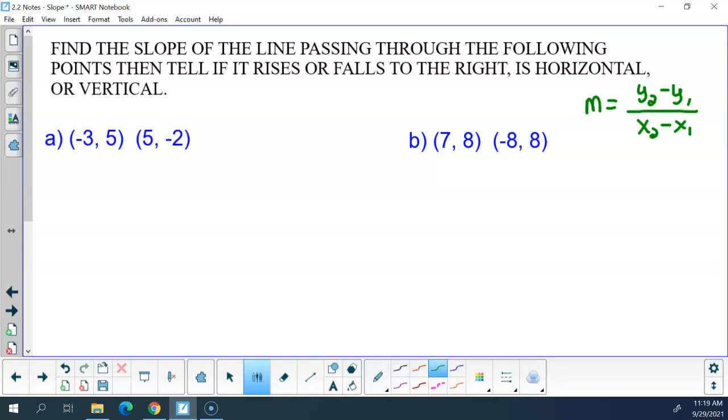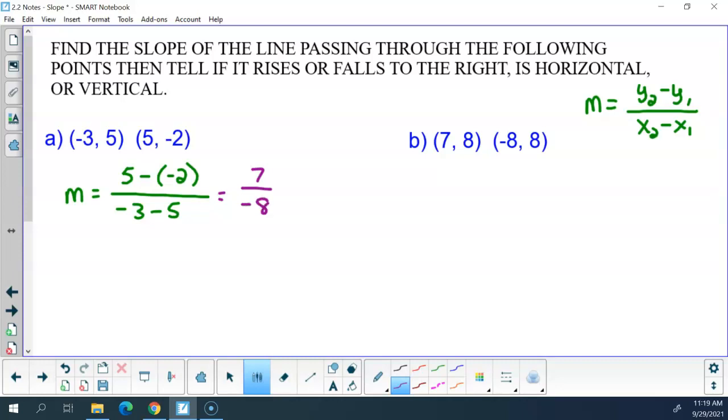So we're going to subtract the y's. 5 minus negative 2 over, subtract the x's, negative 3 minus 5. Now, does it matter which order you go in? No, as long as you personally stay consistent. Okay? 5 minus negative 2 is like 5 plus 2, and that is 7. Negative 3 minus 5 is negative 8.